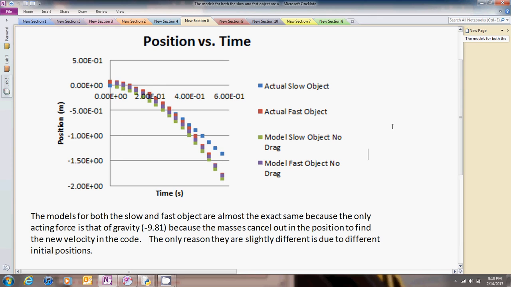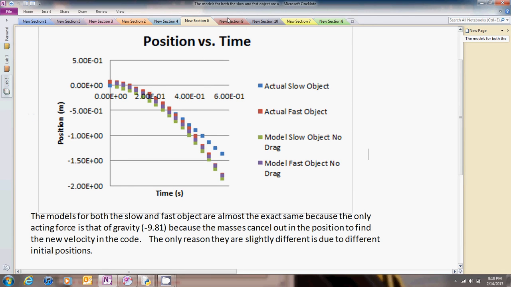The models for both the slow and fast object are almost exactly the same because the only acting force is that of gravity, negative 9.81 meters per second squared, because the masses cancel out, like I said earlier, in the equation to find the new velocity in the code. The only reason they're slightly different is due to slightly different initial positions.